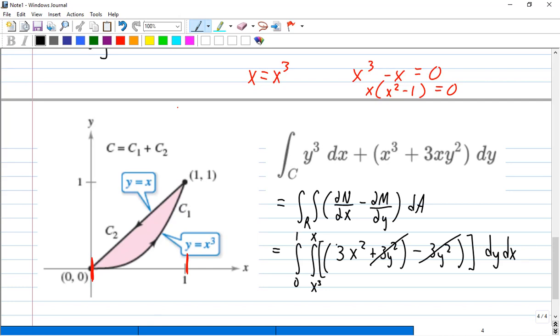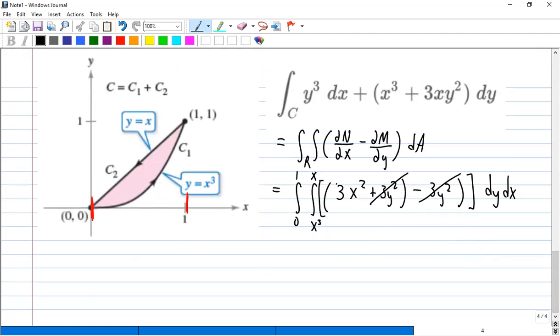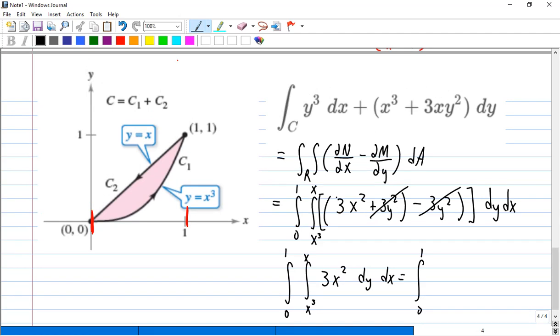So it turns out to be a pretty easy double integral. Yes, there is such a thing as an easy double integral. It's just 3x squared dy dx. So integrate that, you get x cubed, right? Wrong.